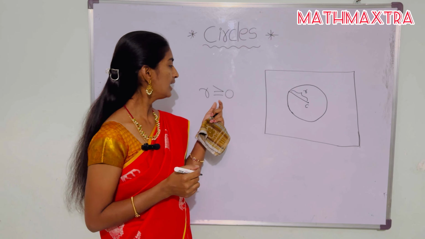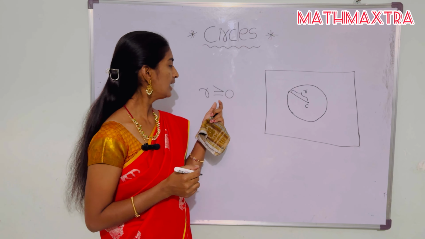If we consider this is a plane, and this we call a point circle. As the radius is equal to 0, this point circle consists of only one point, and that point we call the center of the circle. The point circle always consists of only one point. That fixed point we call the center of the circle. This is a point circle.